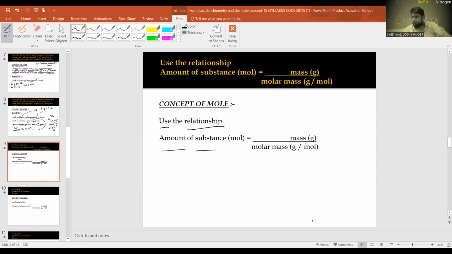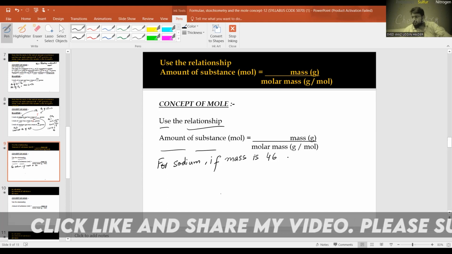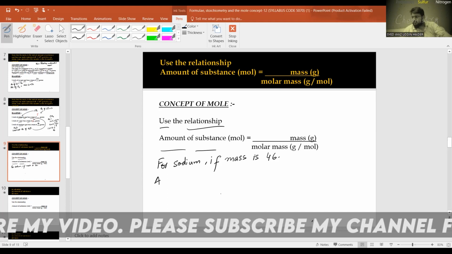Let's do some examples. For sodium, if the mass is 46, what will be the moles? So first of all, you have to work out the AR of sodium.